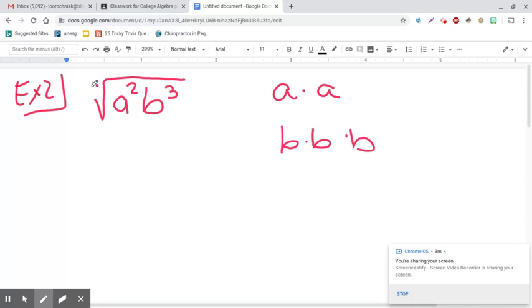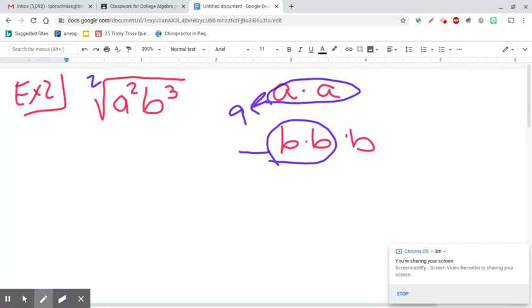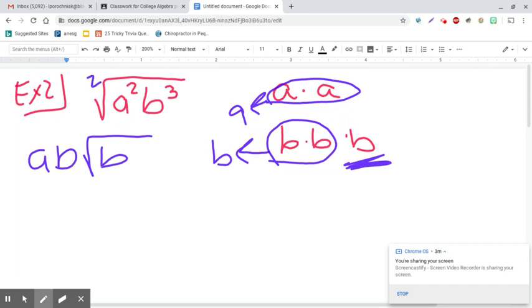Invisible 2 here. If you want to, you can write in the 2. This is a pair, and this is a pair. So an a comes out, and a b comes out, and what stays? A b. So your answer should be ab square root b.